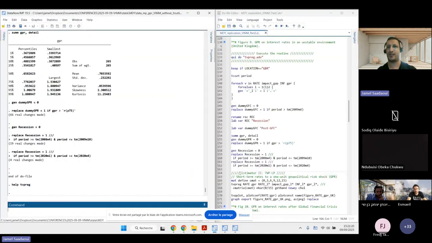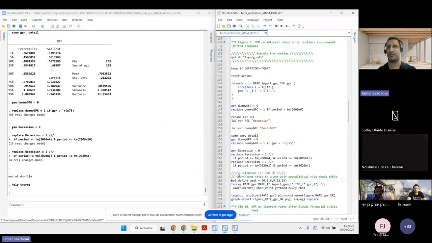So you have to define these matrices. I didn't change it, but you could use the rate here, the GPR shock, and you put the lags to control. You use the matrix that you just defined here, the number of horizons, you want the bands, use Newey-West standard errors, and the shock option will make the shock not directly on the GPR, but on a transformation.